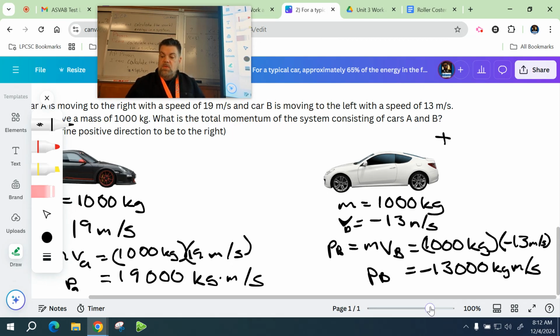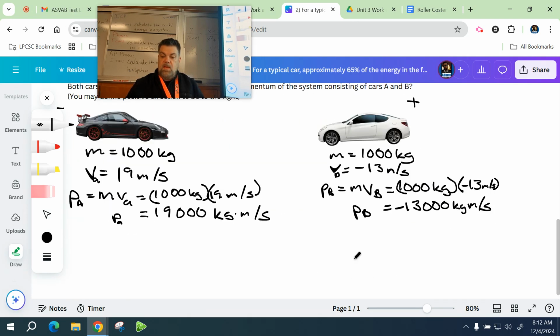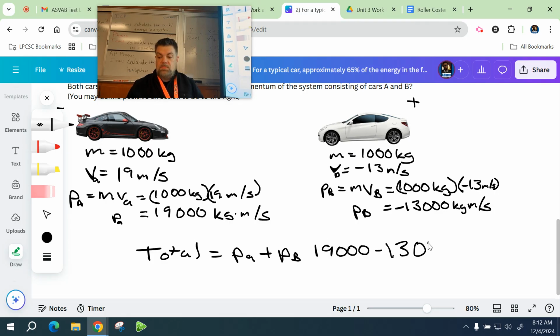So to have the total for the whole system, you just add them up. So for the total system, you take the momentum from A and add it to the momentum from B, which would be 19,000 minus 13,000.